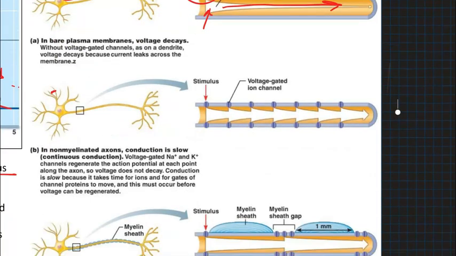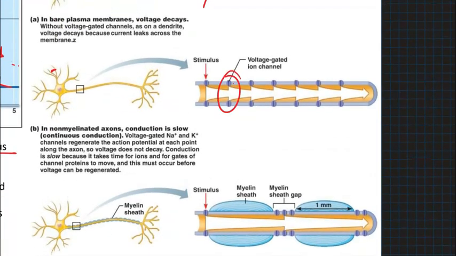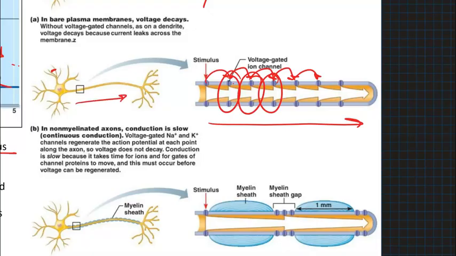Now, what if you have enough voltage-gated ion channels that are close enough to each other to maintain that domino effect going? You're going to have a proper signal transmission. But you have to place those ion channels close enough to each other, because this neuron is non-myelinated. It means that the electrical charge leaks away, dissipates away from the axon.